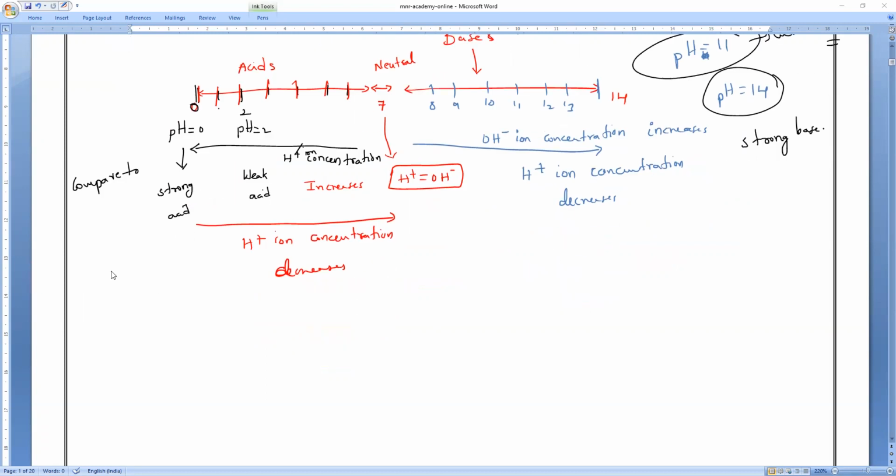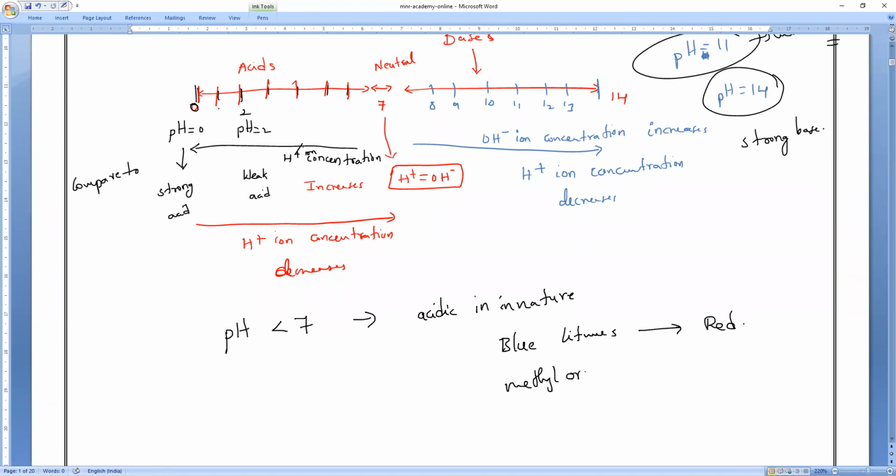The pH value is less than 7, and the nature is acidic. They also turn the methyl orange indicator, a man-made indicator, to red or orange-red color.